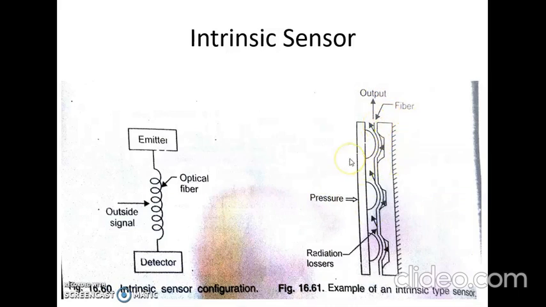Here, the fiber bending due to pressure, which is the input variable, induces radiation losses, changing the intensity at the output. This happens within the fiber itself, and hence the configuration is called intrinsic type. This causes radiation of light even at small deformation and is also called a microbend sensor.